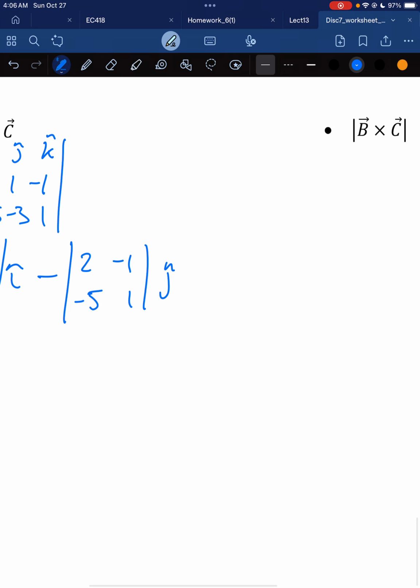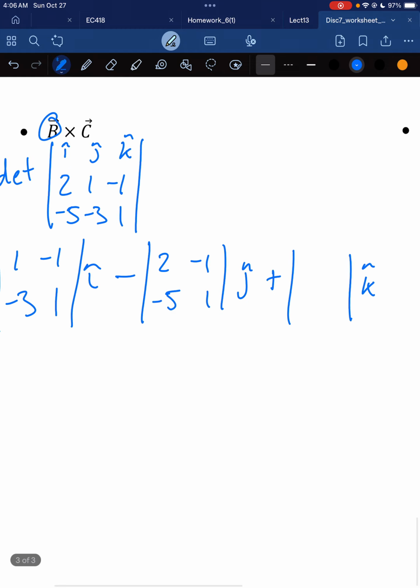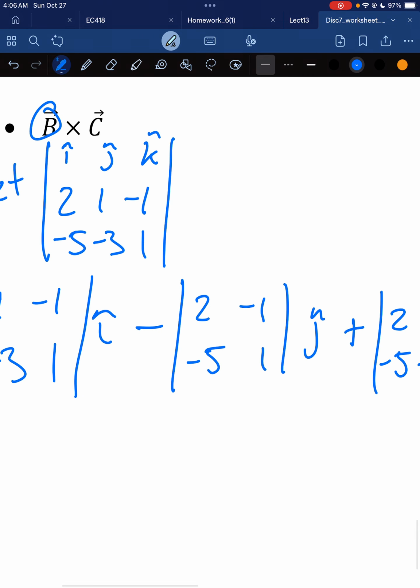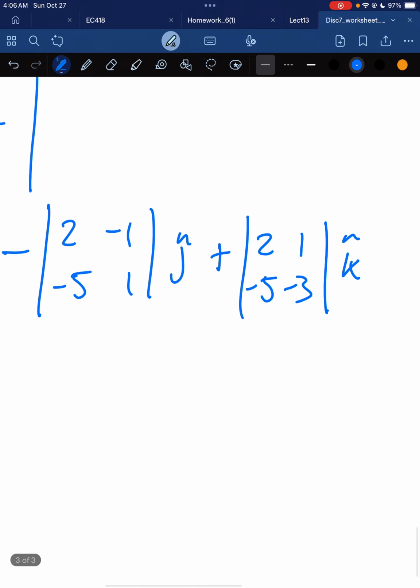And then for k hat, it's going to be 2, 1, -5, and -3, because I am ignoring the column that k is in, and I am ignoring the row that k is in. So I am just left with these 4 numbers.